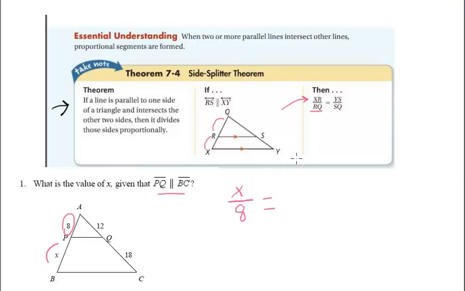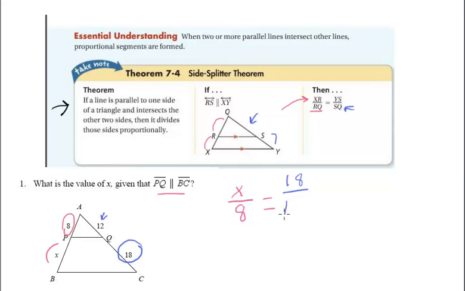And that equals this piece right here, this YS, which is 18, over our last piece, which is this 12, which is the same as this QS, which is right there.